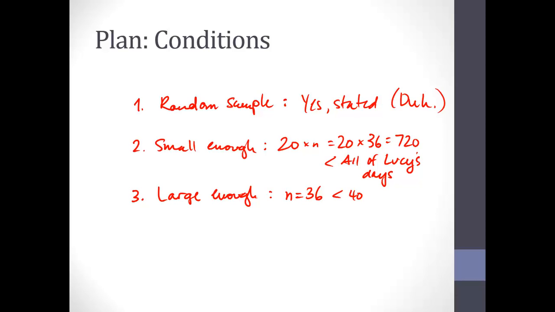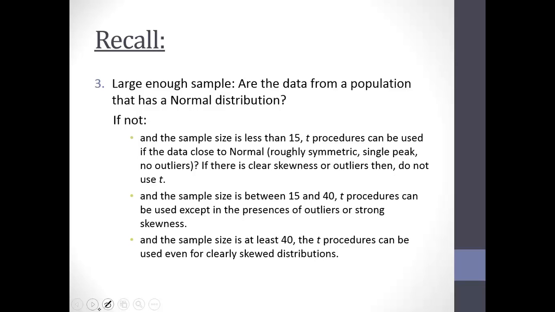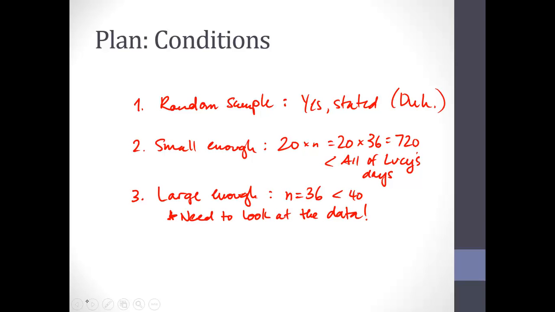You're always good to go. But since it's less than 40, remember in this chapter that just means we need to look at the data. If our sample size is less than 40, we need to think about what the data is, or take a look at it.